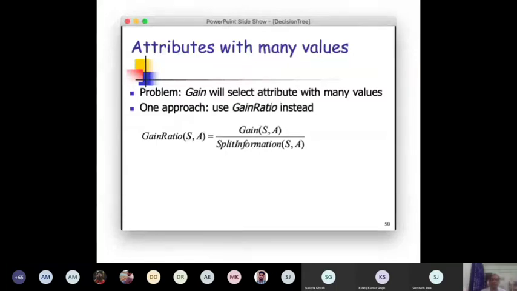Actually, this is nothing but the entropy over the distribution of the attribute values in S. That is exactly what you are measuring there. So let me define it. This is the definition. Do you agree that this expression is essentially measuring the entropy of the distribution of values of A in S?